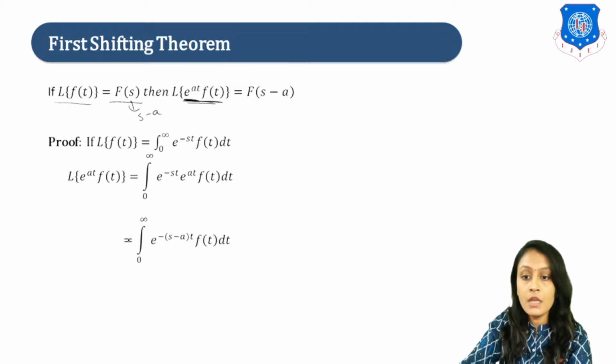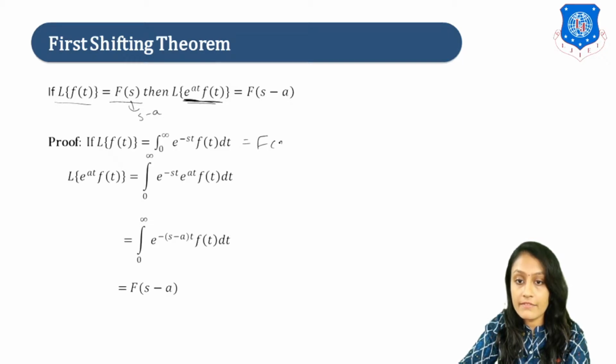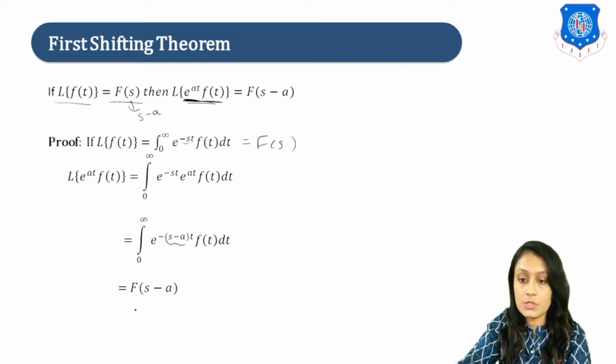Now the integration from 0 to infinity of e raised to minus (s minus a)t f(t) dt, taking minus common. Now we know that this answer is F(s), right? So here we have s, so we have F(s), and here we have s minus a, so we write F of s minus a. So this is the proof of the first shifting theorem.